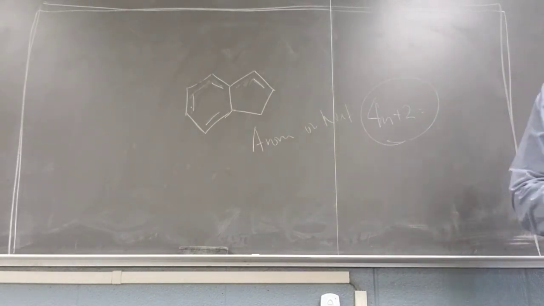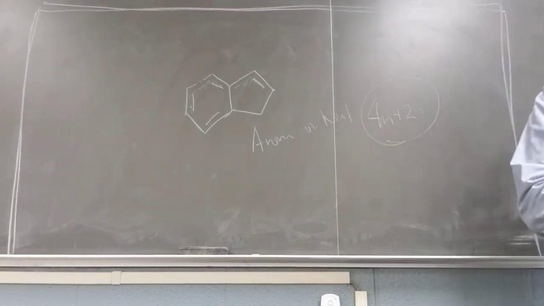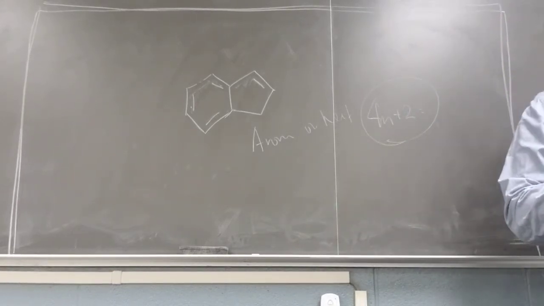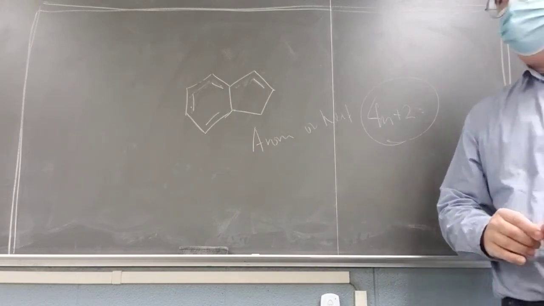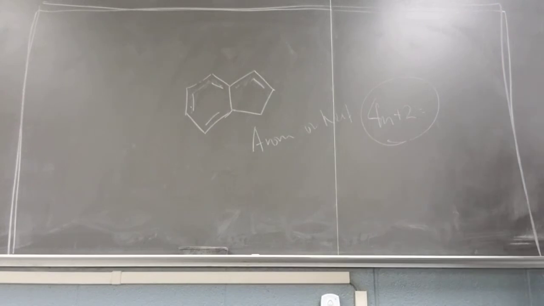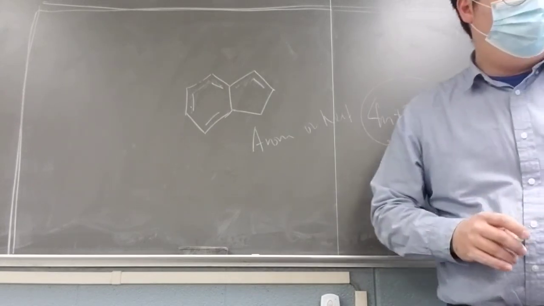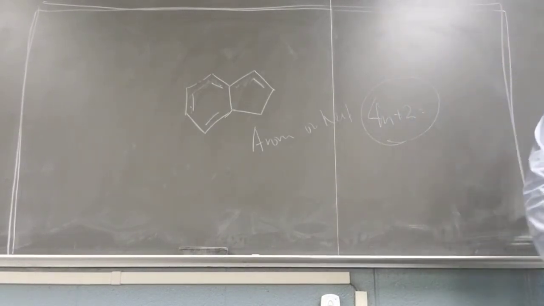So try to count the pi electrons in the compound. If I give this compound in your exam, you can tell if it's aromatic or not. Maybe another minute and we'll do this together.